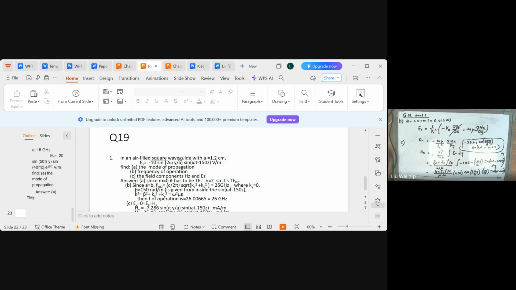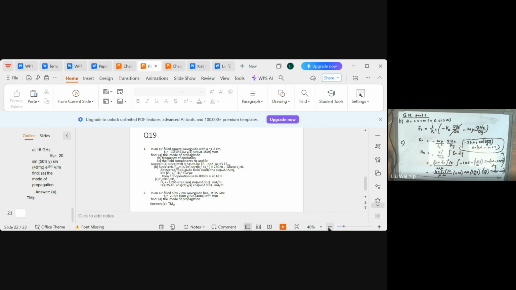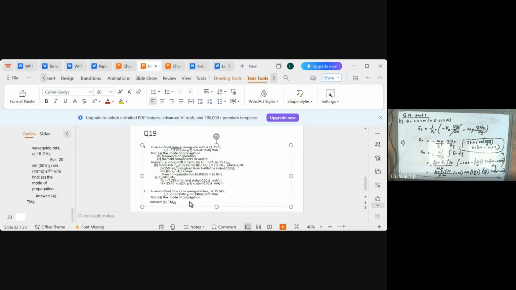Okay, we are looking at this question. Let's highlight this. We are given an air-filled waveguide.